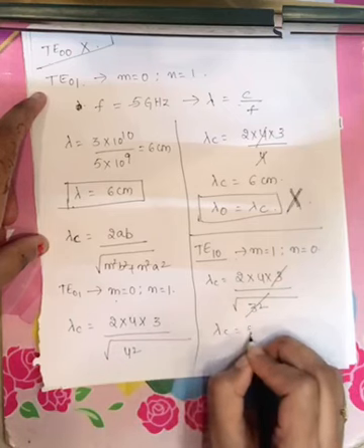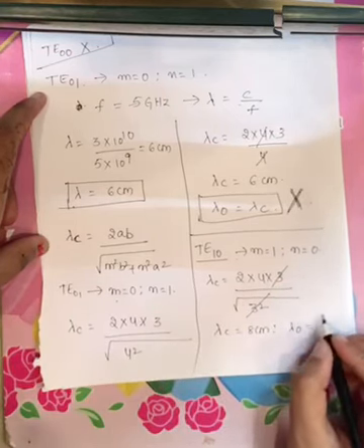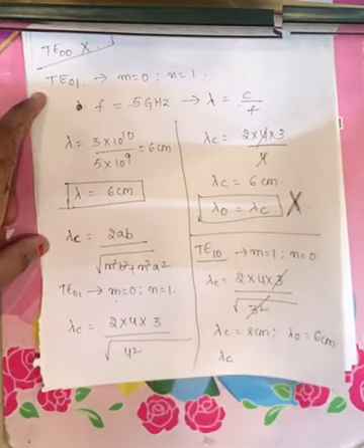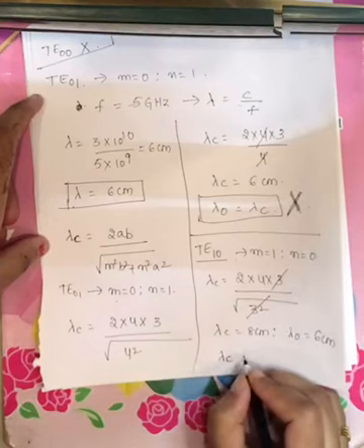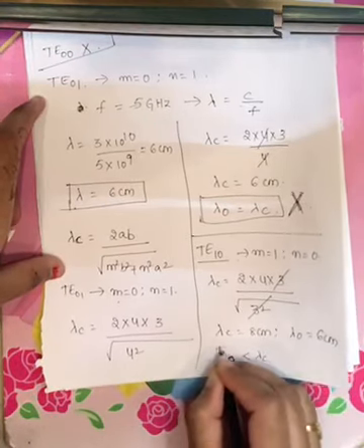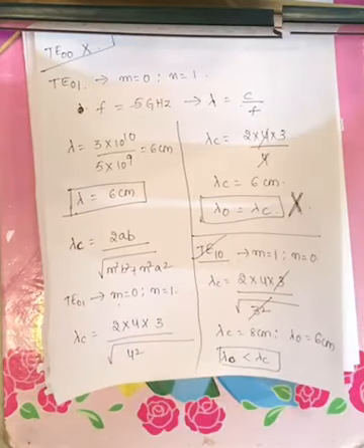Now lambda c you are getting as 8 centimeters, and lambda naught we have found is 6 centimeters. Now here lambda naught is less than lambda c. Now this condition is satisfied, right? Now TE10 mode is passed through this particular waveguide.